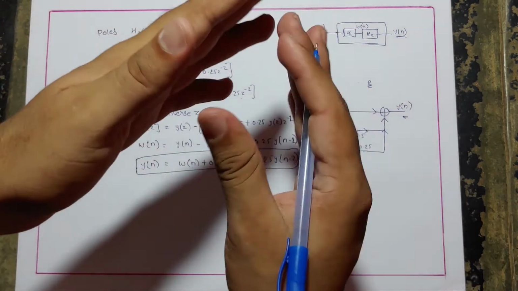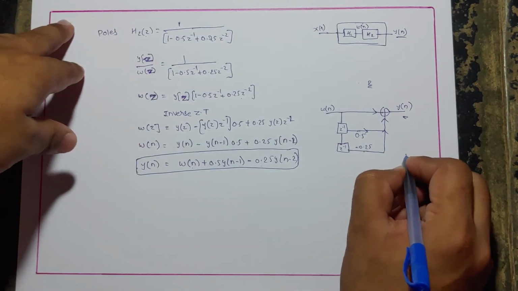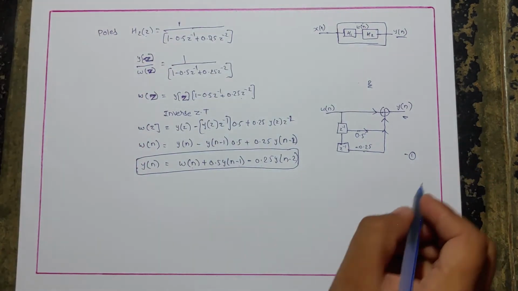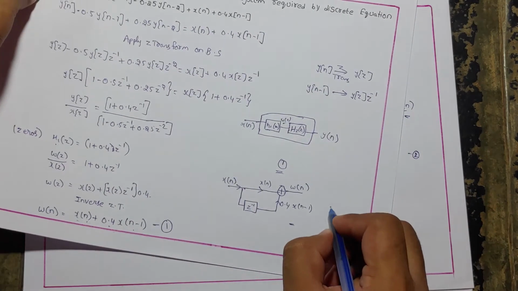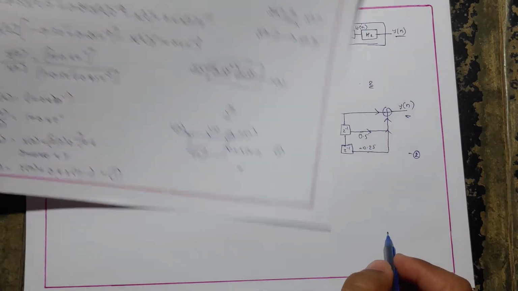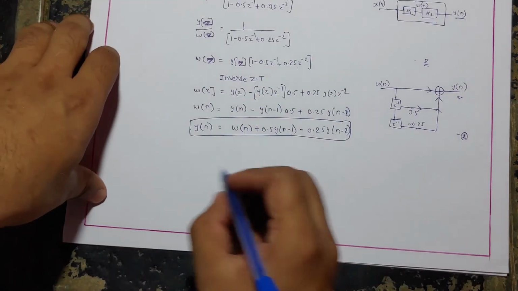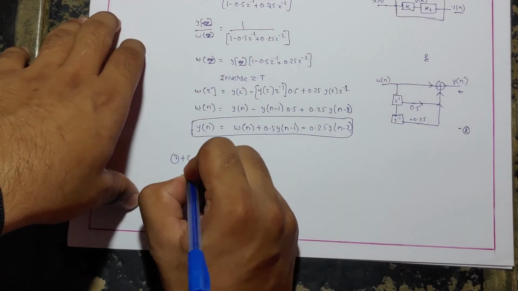Now let us combine these two elements: equation 1 of poles, equation 2 of poles, and equation 1 of zeros, that is equation 1 plus equation 2.